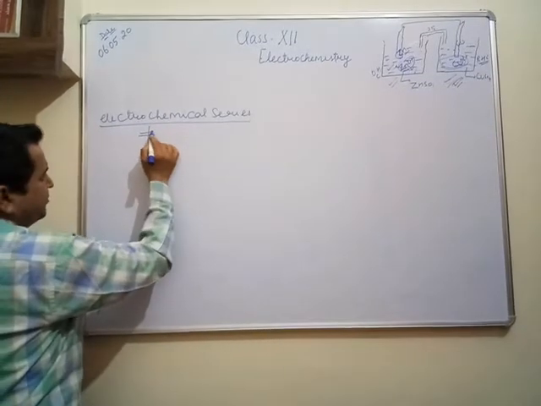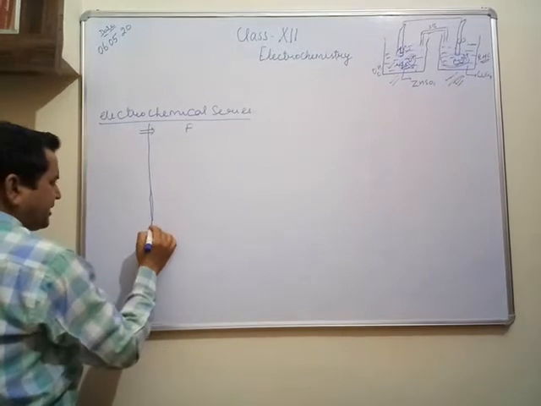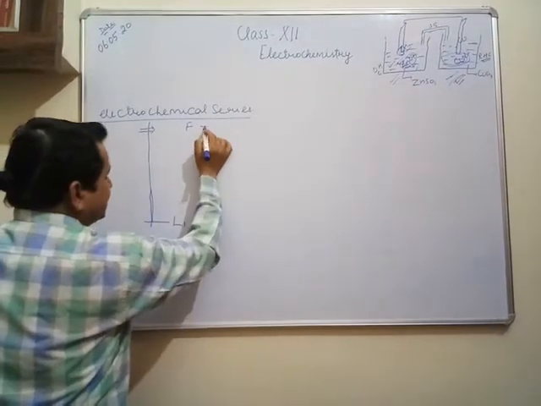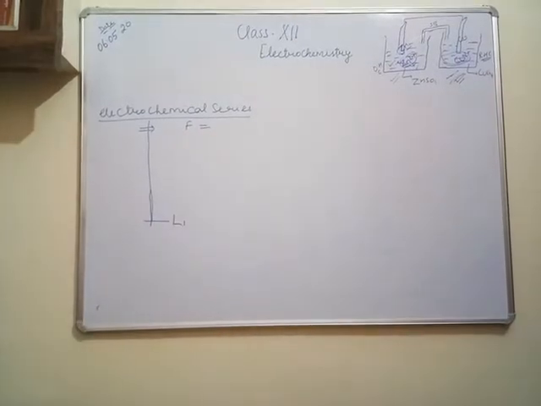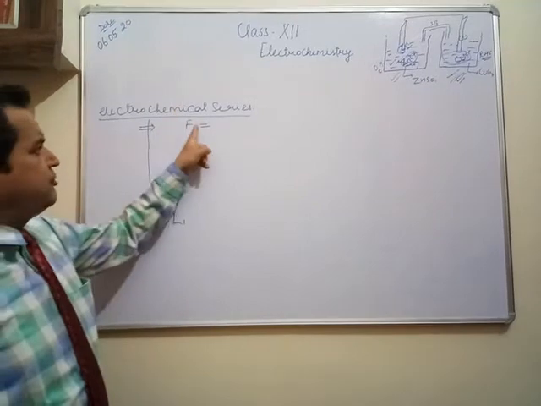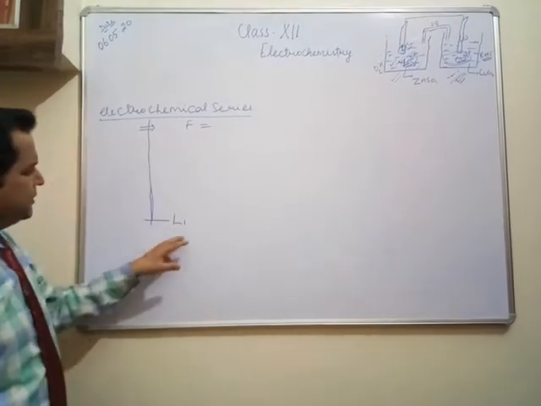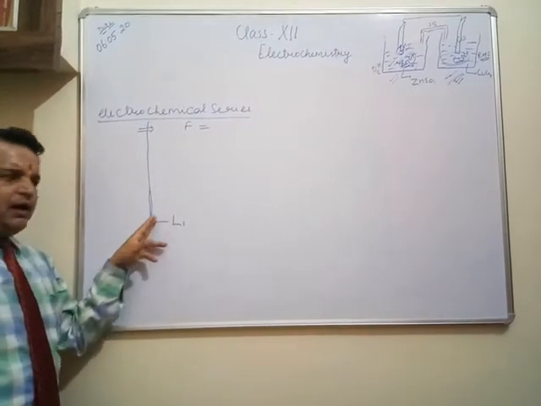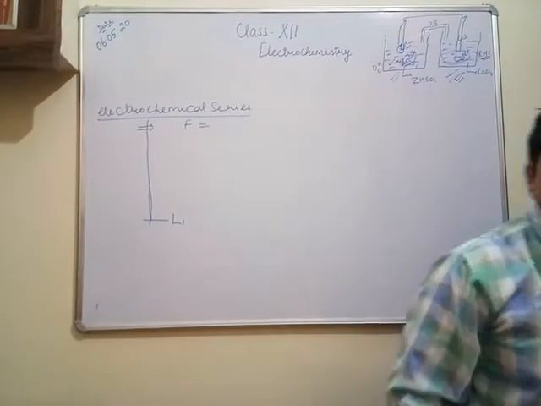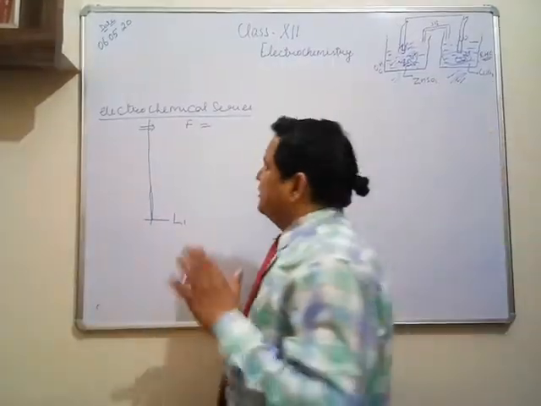At the top of this electrochemical series is F, and at the bottom is lithium, meaning fluorine has the maximum reduction potential. The maximum electrode potential is of fluorine, while the minimum electrode potential is of lithium.